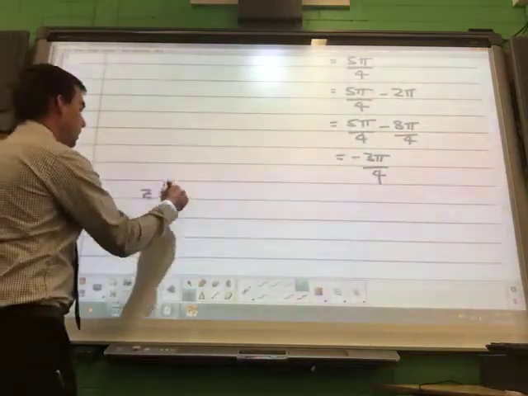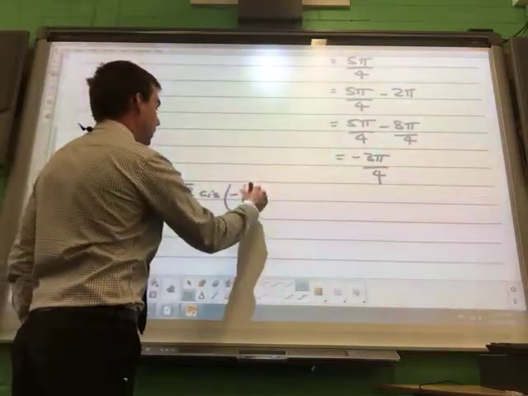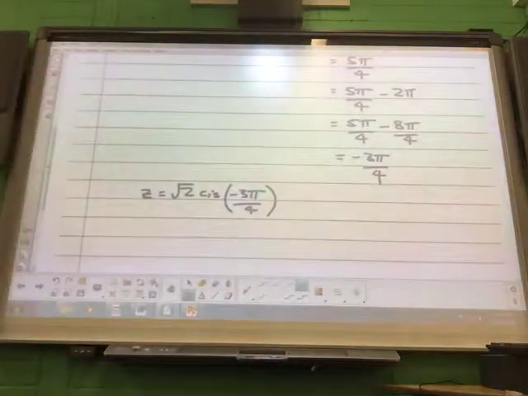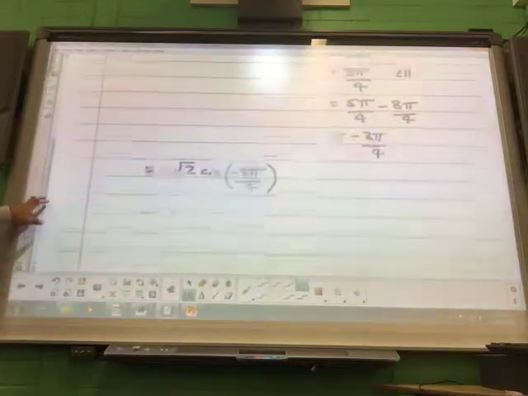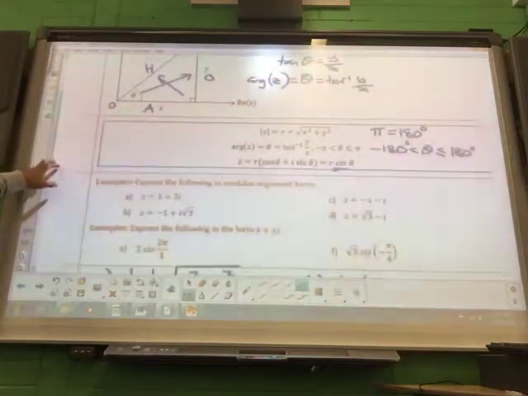So z is going to be root 2 cis of -3 pi on 4. Are we getting this? Yep. And let's try one more.